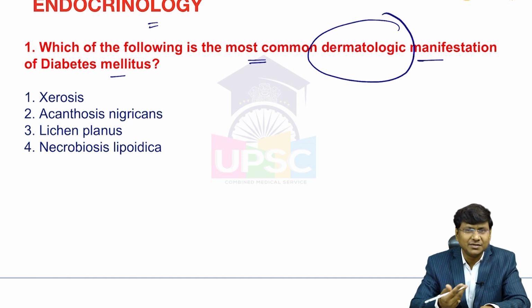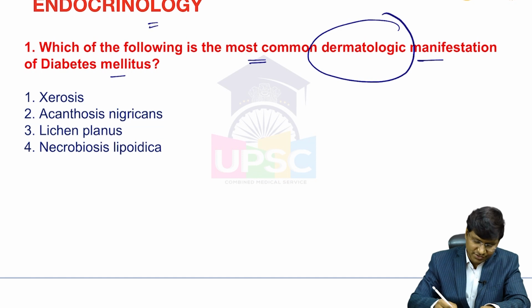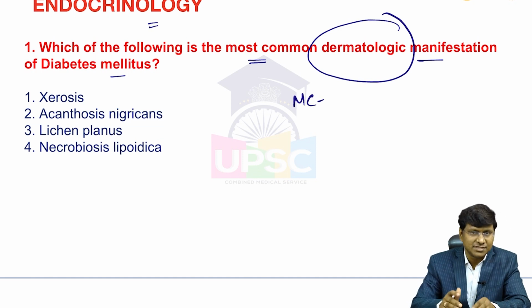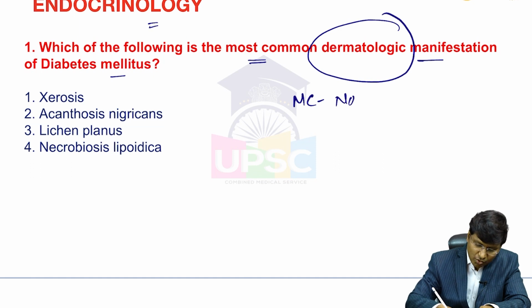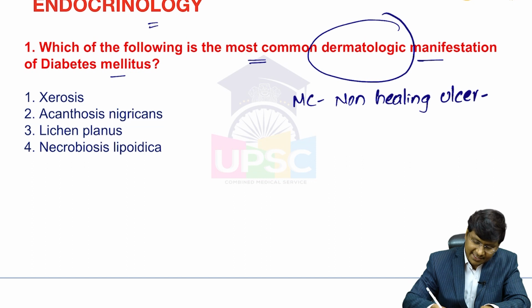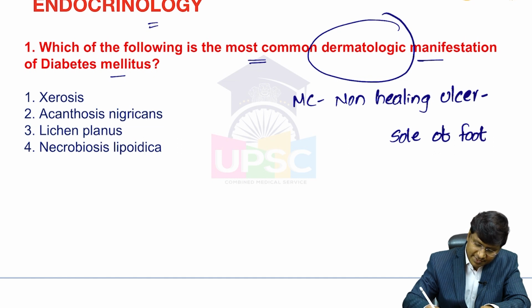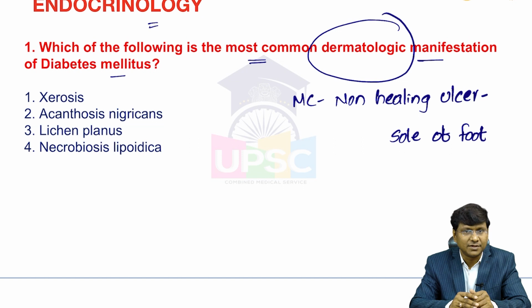Now, what are the various dermatological manifestations? So the most common dermatological manifestation is the non-healing ulcer, and it is observed over the sole of the foot, okay?